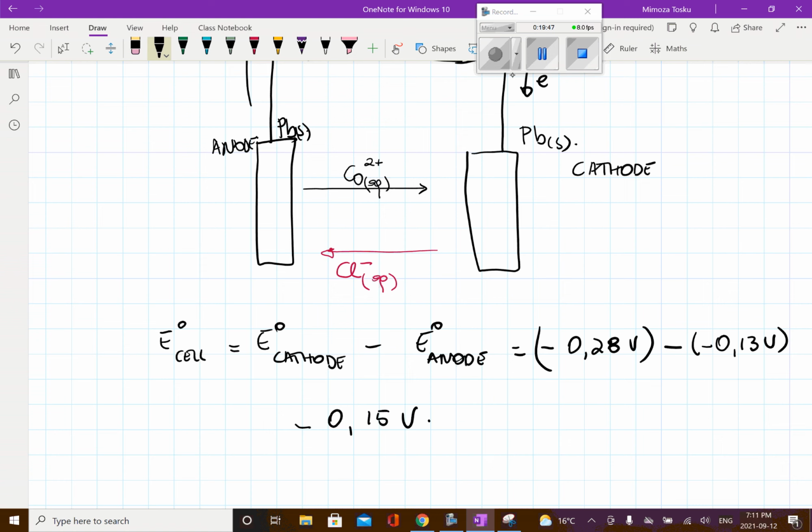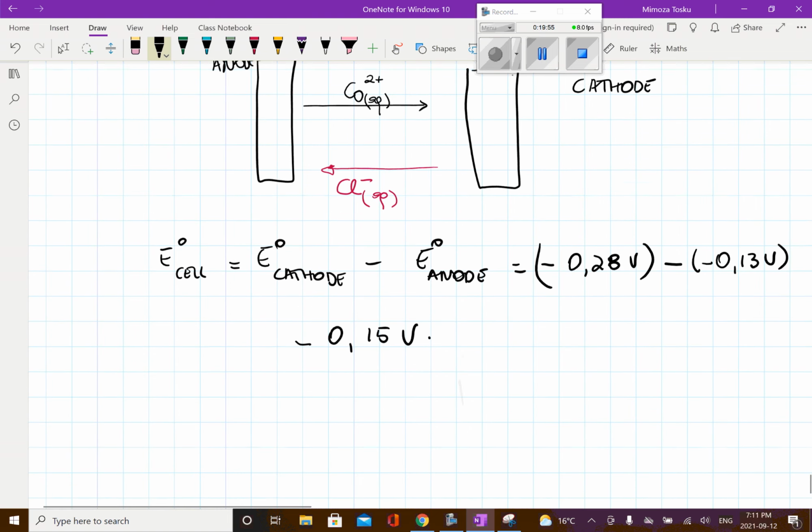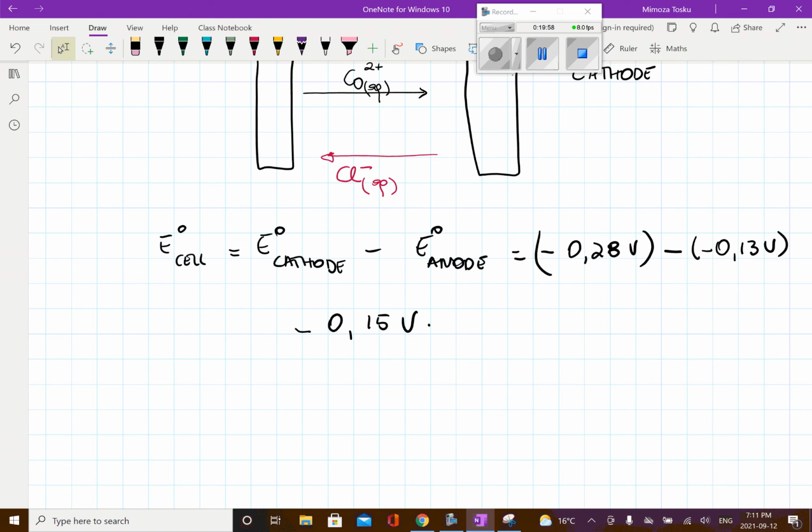This is another indication that this is an electrolytic cell, because the battery is needed to make the reaction happen, and it's a minimum of 0.15 volts that the battery should have to make this possible.